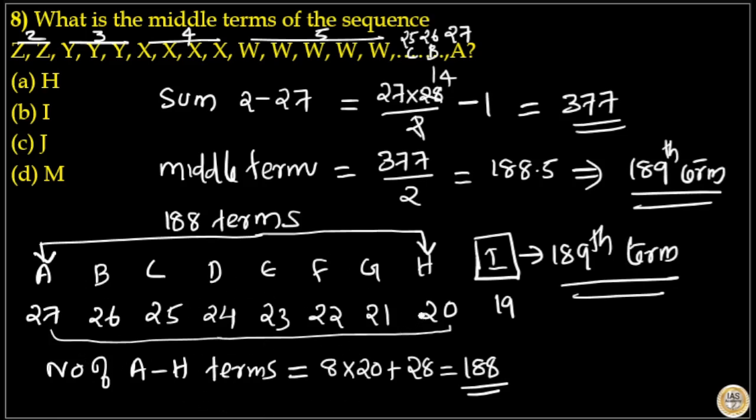That is 20 plus 21 plus 22 plus 23 plus 24 plus 25 plus 26 plus 27 is 188. 20 into 8, 160. Then 1 to 7 sum is 7 into 8 by 2. That is 28. So total 188 terms from A to H. That is, I is the 189th term. So option B is your answer.